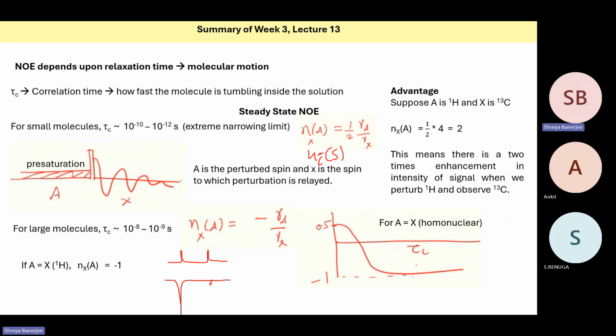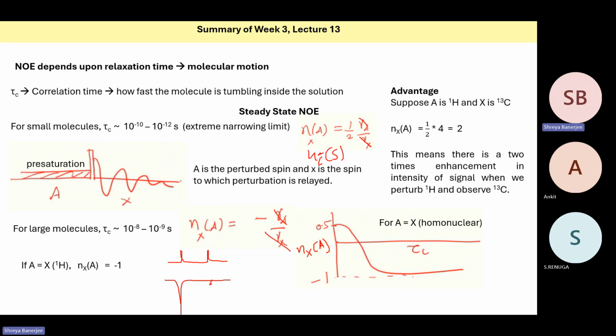Now this graph, basically, let us assume homonuclear, so both are hydrogen. If we do that, gamma A and gamma X will cancel out. So this value of NOE, that is what is there on the y-axis, will have a positive value of half and a negative value of -1.